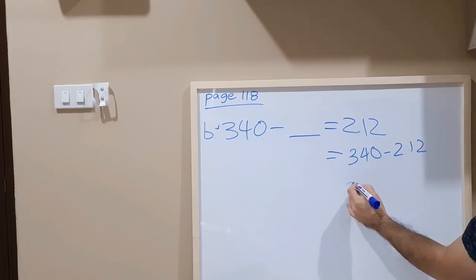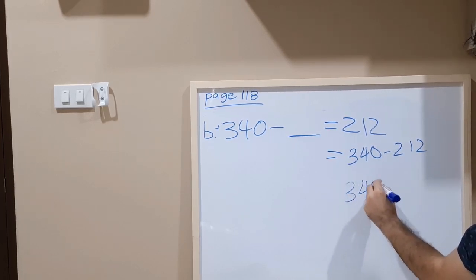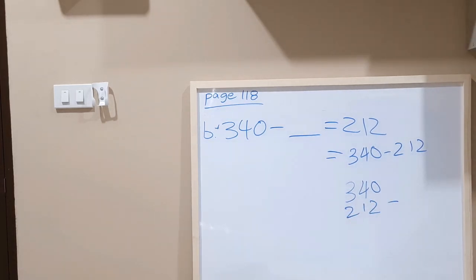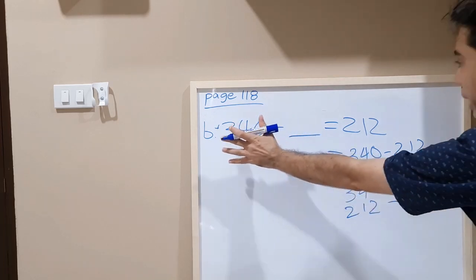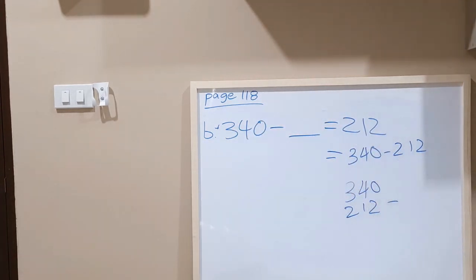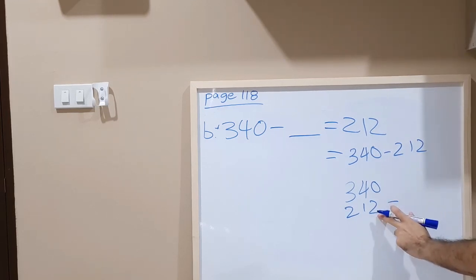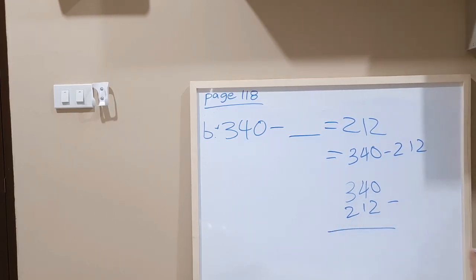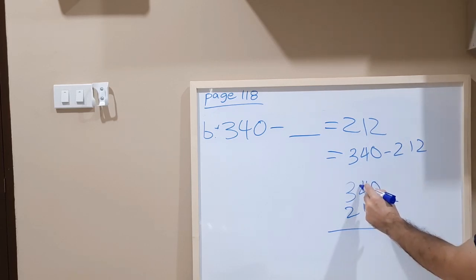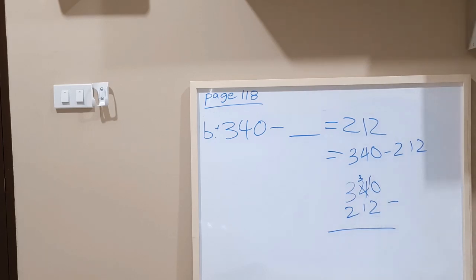340 minus 212. Okay? Positive number will become negative. Okay? So 340 minus 212. We can subtract. 0, take away 2, cannot be. So we borrow from number 4, tens place. 4 will become 3 and 0 will become 10.